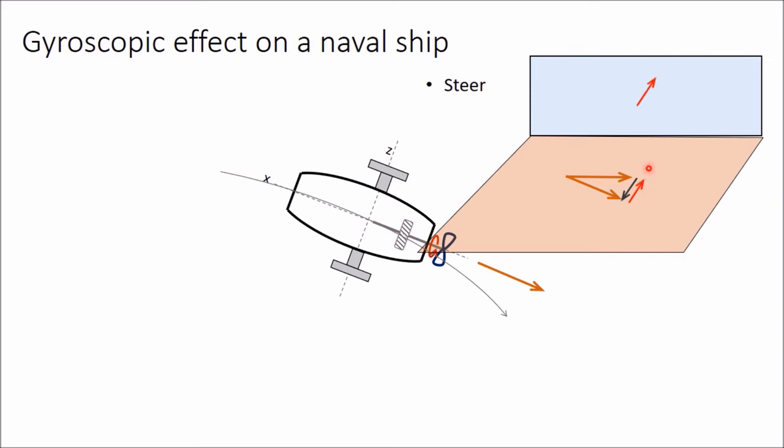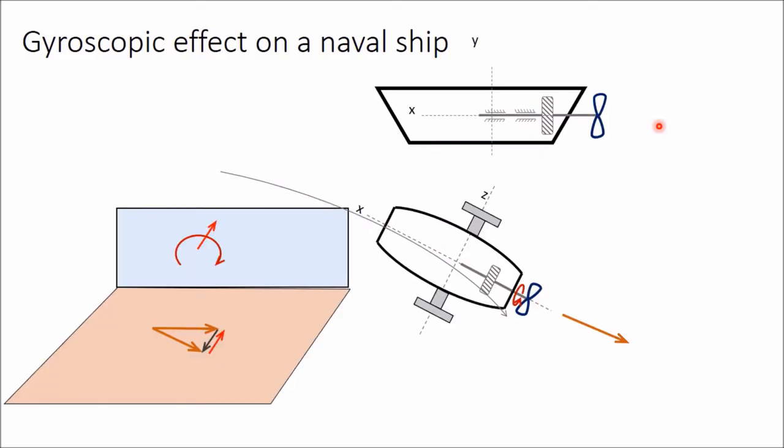Now this vector is pointing towards this direction. You can get this direction of vector by applying a couple in this vertical plane in clockwise direction. From the right hand screw rule, if you use a right hand screw, clockwise motion will give you this direction of motion. So the reactive gyroscopic couple will act in this vertical plane in clockwise direction.